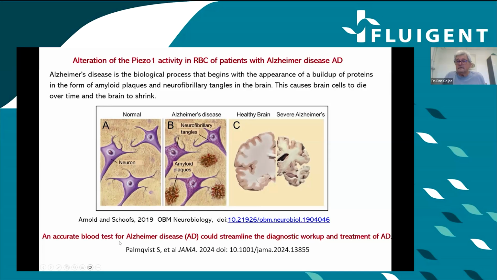Relatively recently, it was demonstrated that an accurate blood test of Alzheimer's disease could streamline the diagnostic workup and treatment of AD. So in this case, they were looking for biochemical components in the blood of patients with Alzheimer's disease.